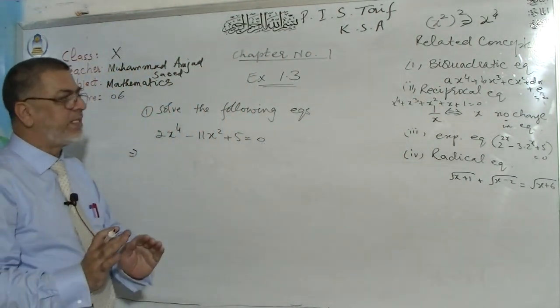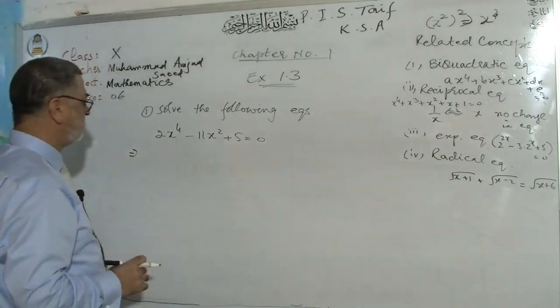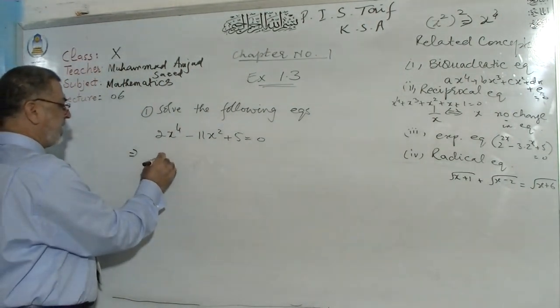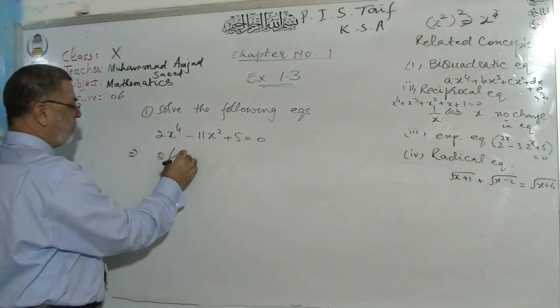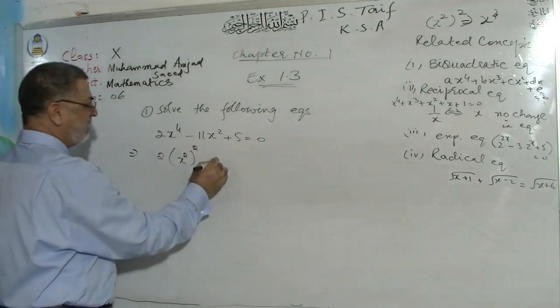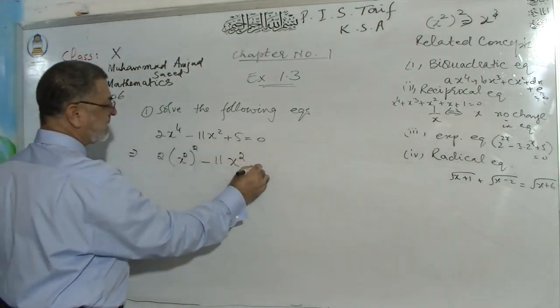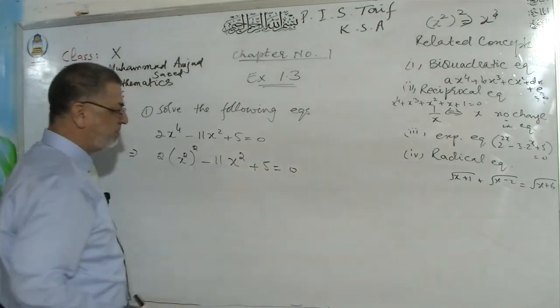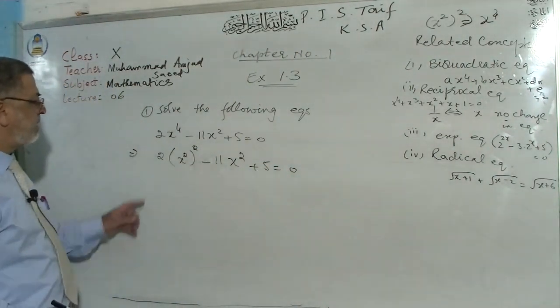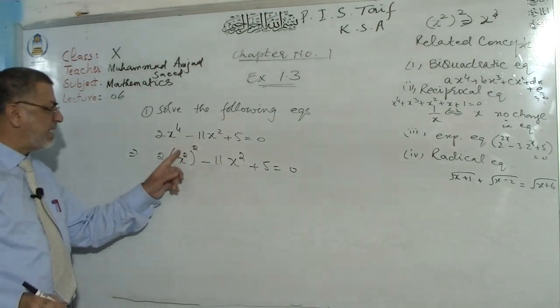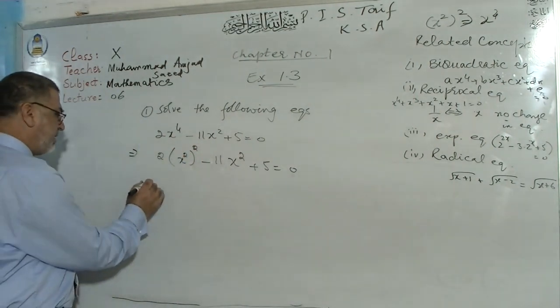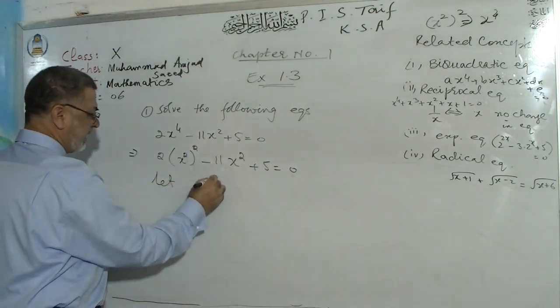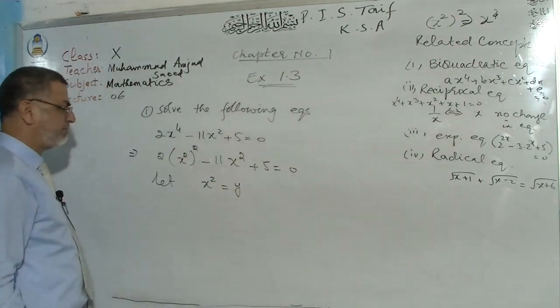Then we will solve it and at the end we will find the answer. Here you can write 2 into x4 as x square whole square, minus 11x square plus 5 is equal to 0. x4 can be written as x square whole square. Let x square is equal to y.